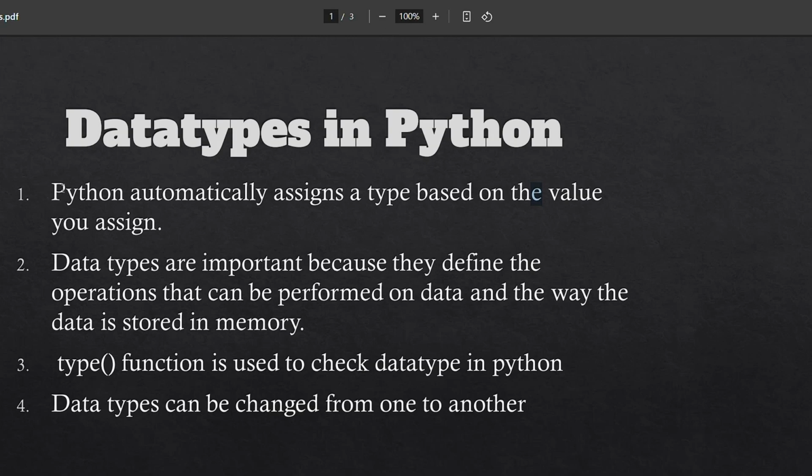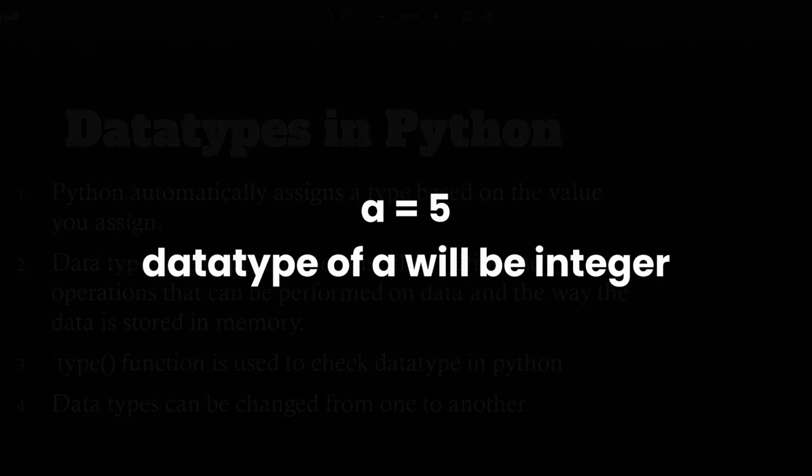So whenever I assign any value to a variable, Python will automatically pick up its data type. Suppose I write a is equal to 5, then Python will automatically assign it a data type of integer.